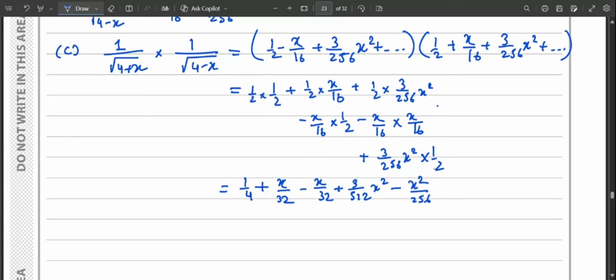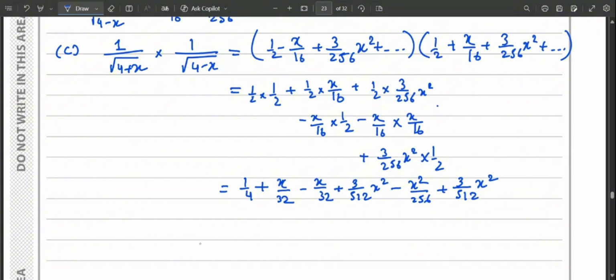Now we can simplify this. When simplifying, I can see that our first term is 1 by 4. For our next term, x by 32 minus x by 32, they cancel out. So there will be no x term in our product for these two expressions.